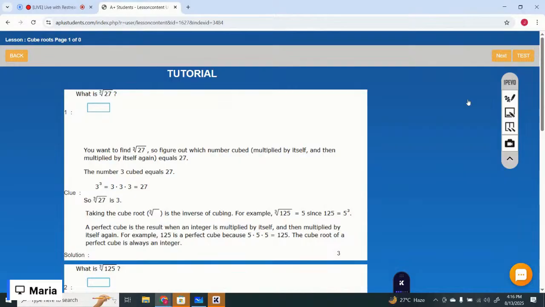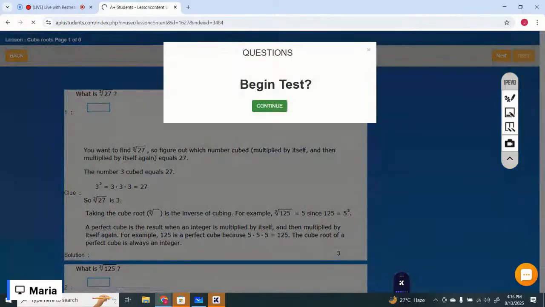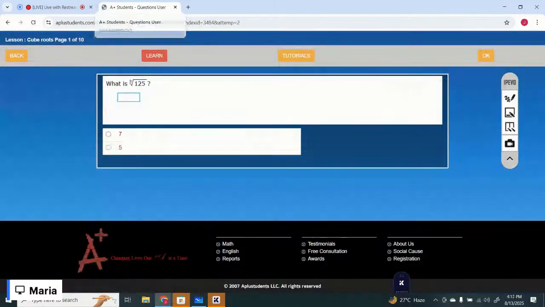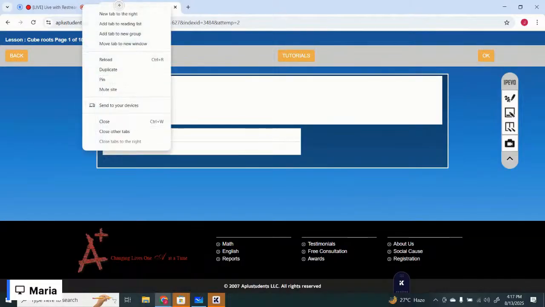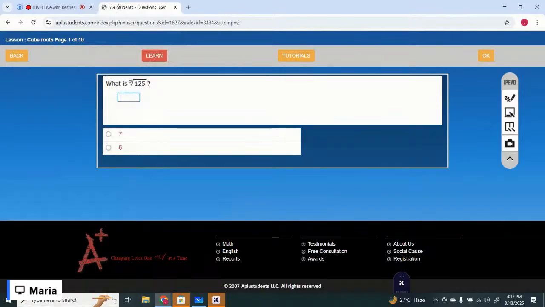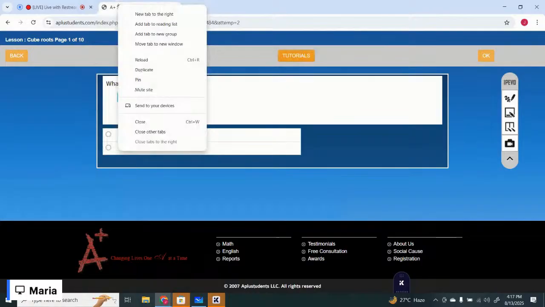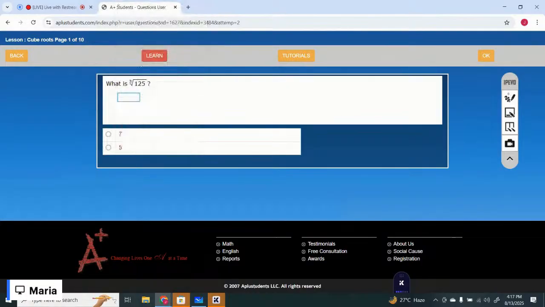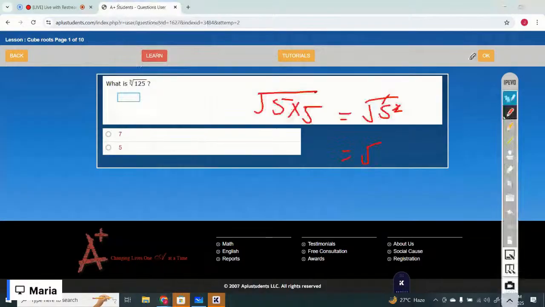Okay, let's just start with the test. What is the cube root of 125? So we need to find out the number that multiplied by itself three times, right?